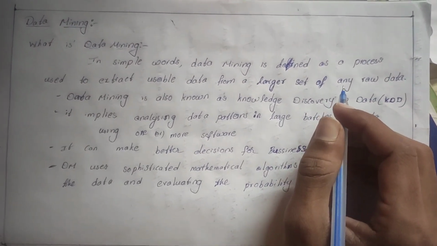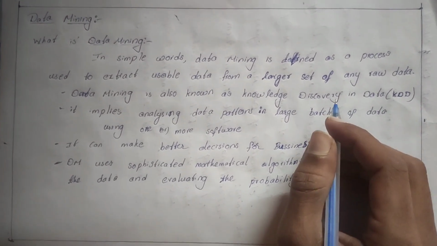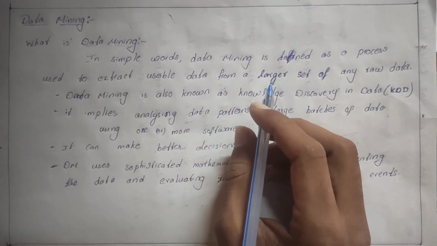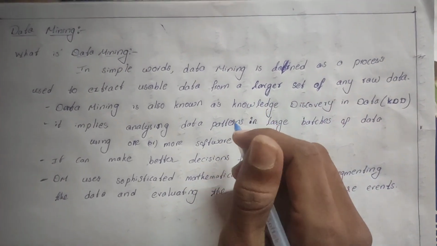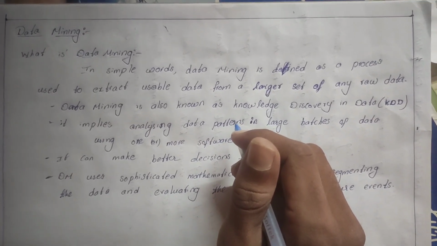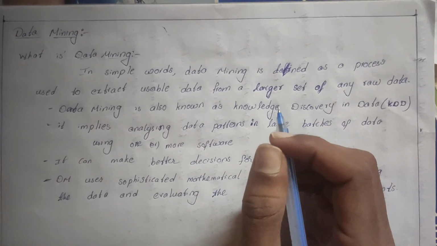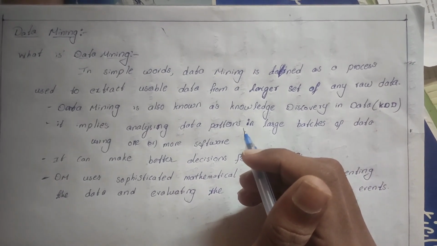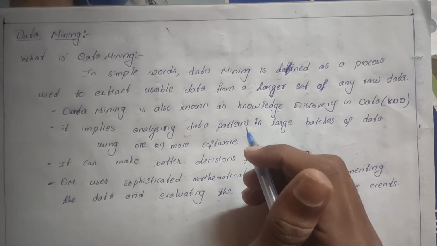So far we have completed data warehousing and business analysis and their topics, and today we will start data mining. Data mining, in simple words, is defined as the process used to extract usable data from a large set of raw data.